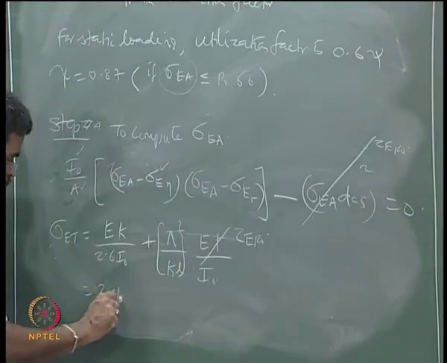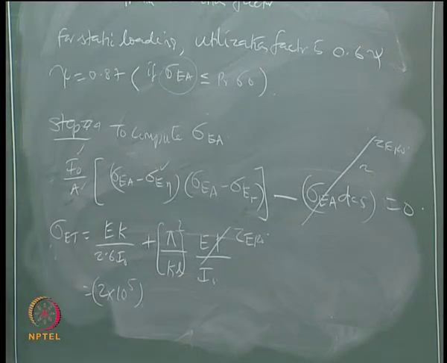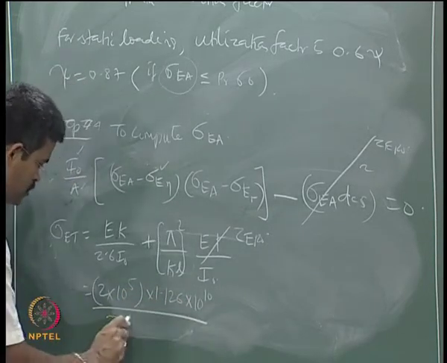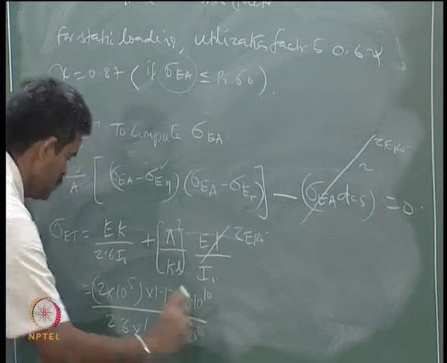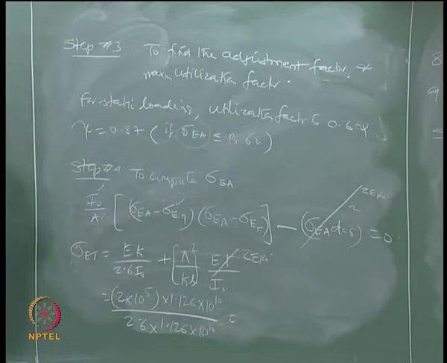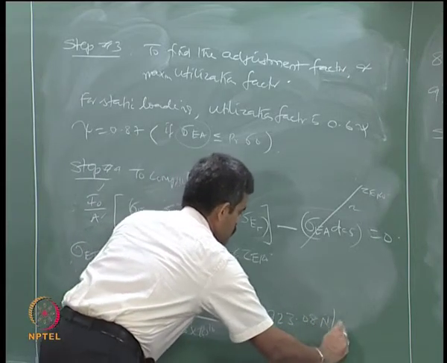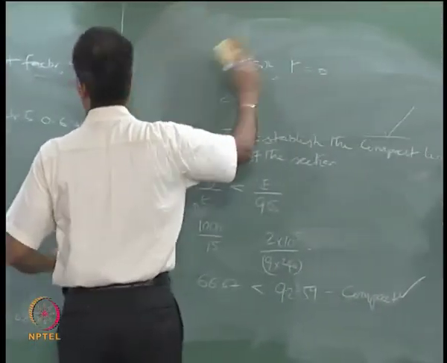Let me substitute this 2 10 power 5, k we already computed in the first step, Saint-Venant's constant. So, I know all the values now.